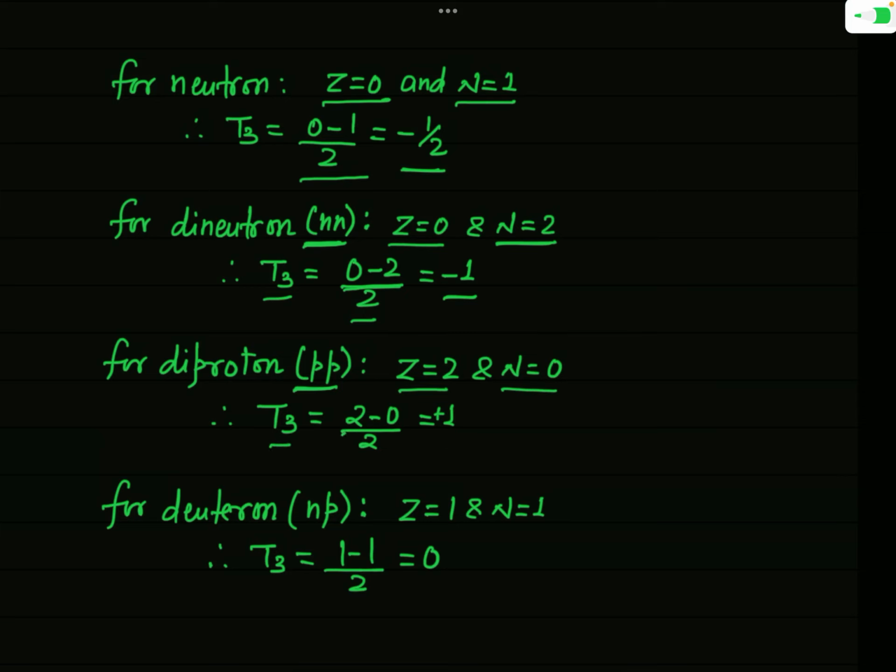Z is 2, N is 0, and so this will be 2 minus 0 divided by 2, that is plus 1. Okay. Now, you know very well, you have studied the deuteron problem, that deuteron is an NP system. In fact, this nucleus deuteron contains a neutron and a proton.